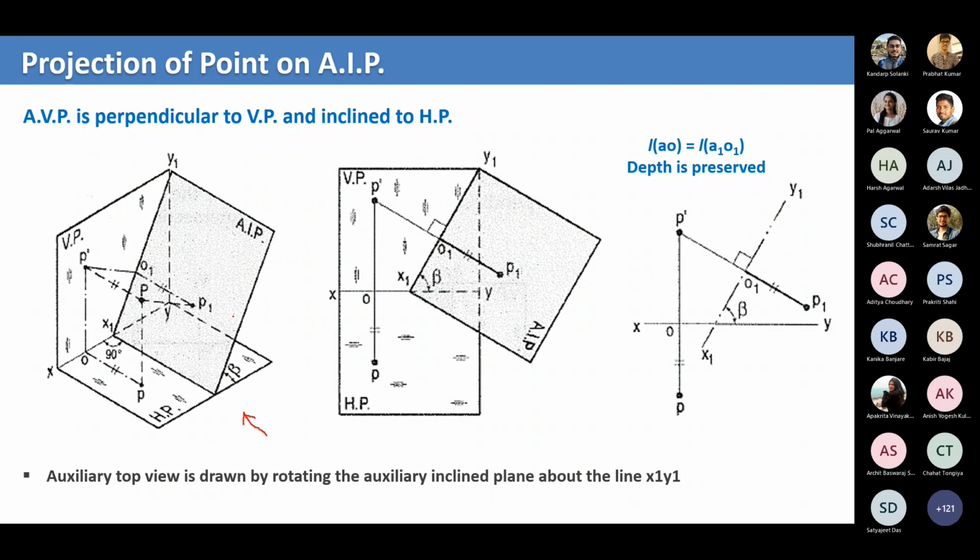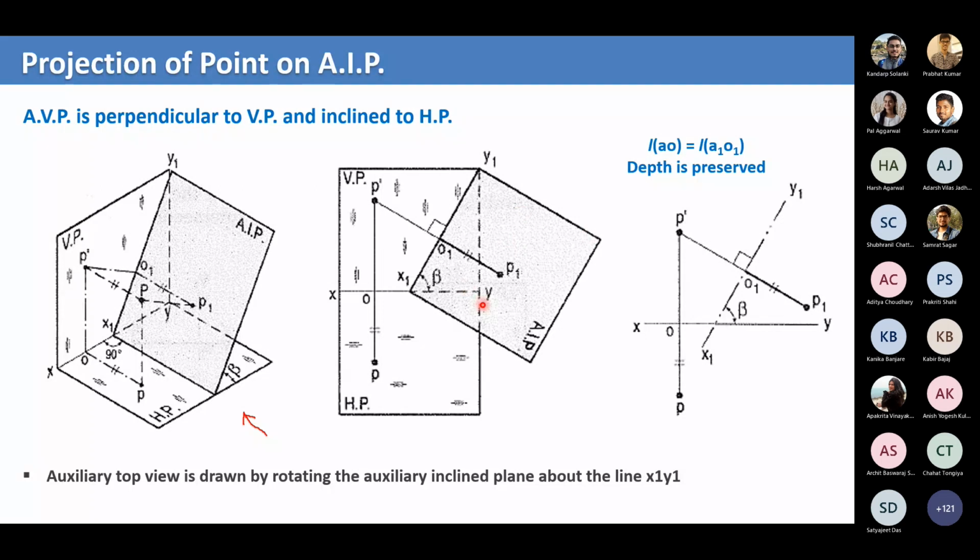You see it as a line. That line is our x1, y1. And coming to how we got this part of the plane, that's your question, right?